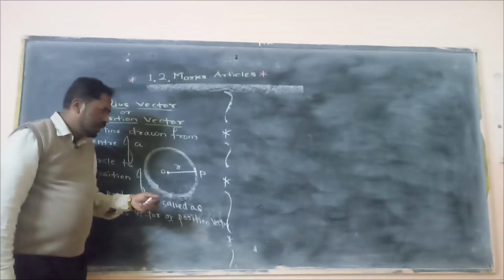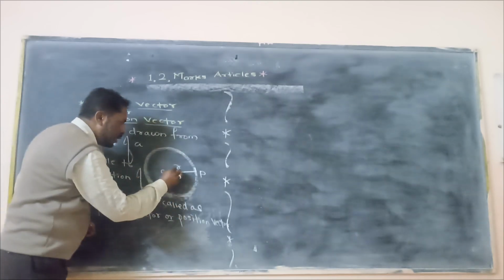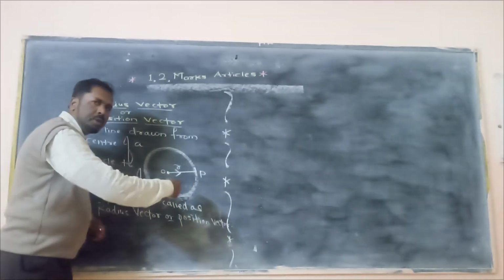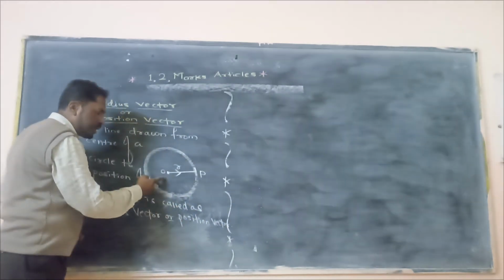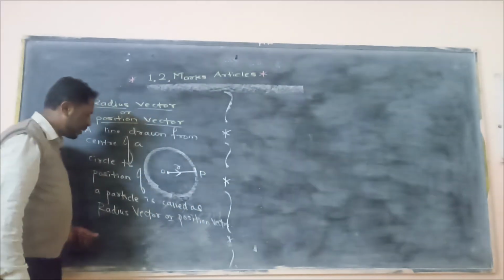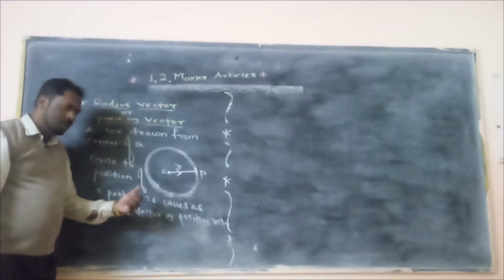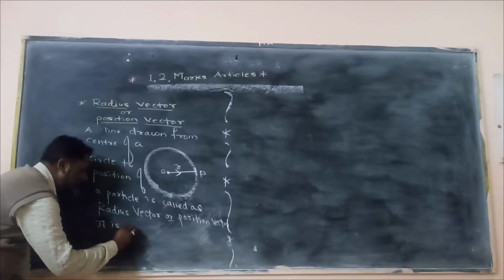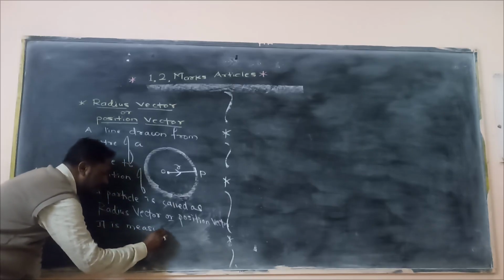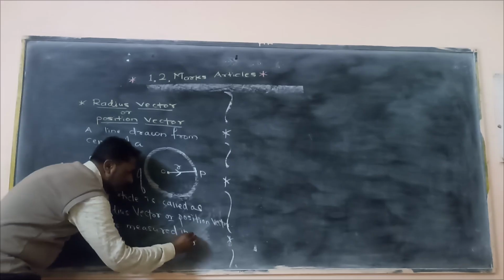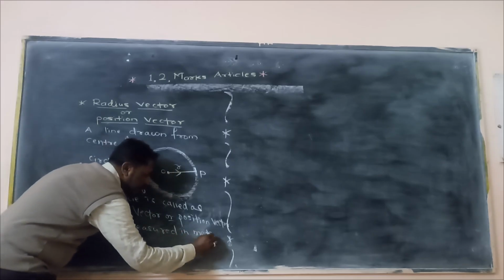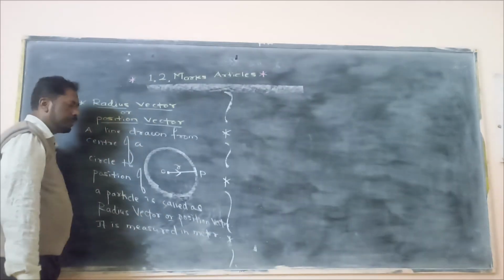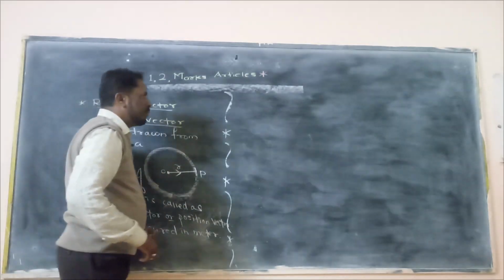It is the line drawn from the center of the circle to the position of a particle. It is called the radius vector or position vector, and it is measured in meter.